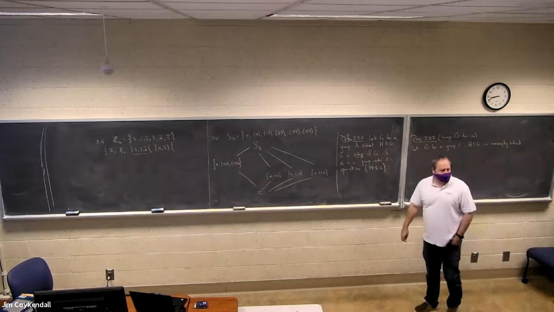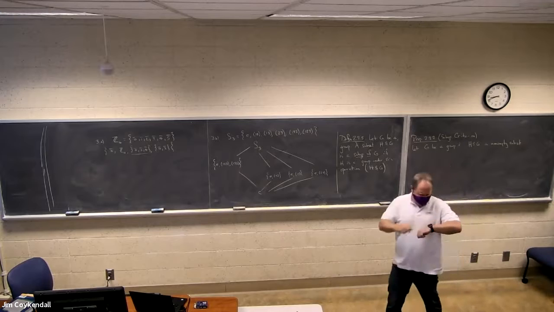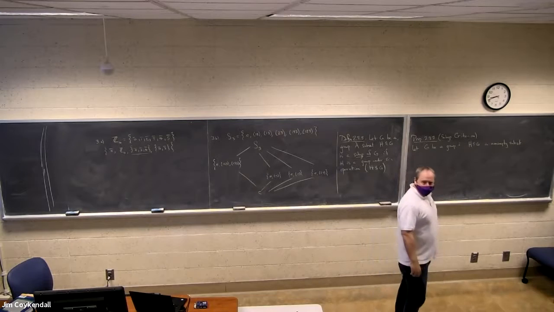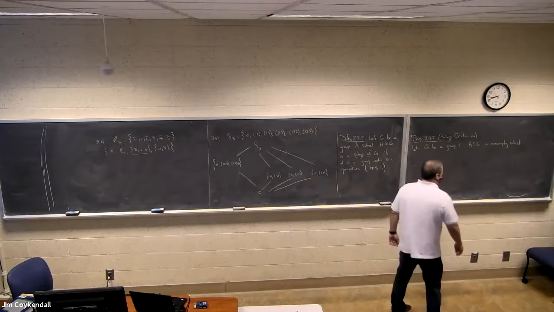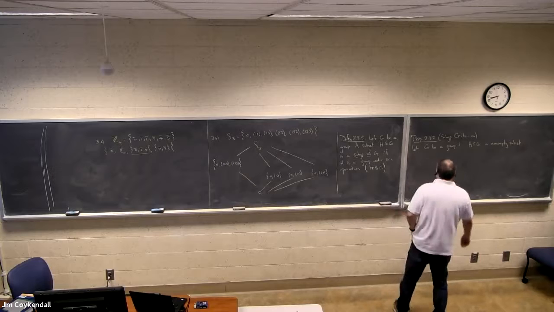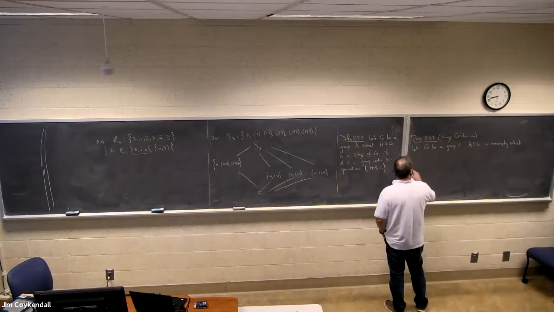So suppose I walk up to you on the street and I give you a subset of the group. I'm going to assume it's not empty. And you might say, oh, how can I tell this is a subgroup? Well, you could check all the group axioms. But here's a shortcut.